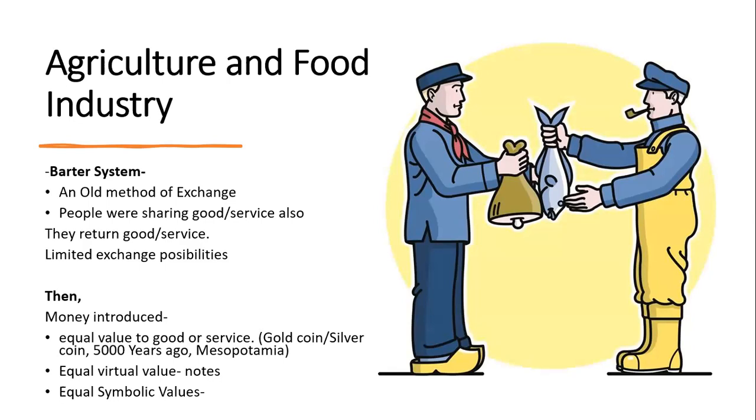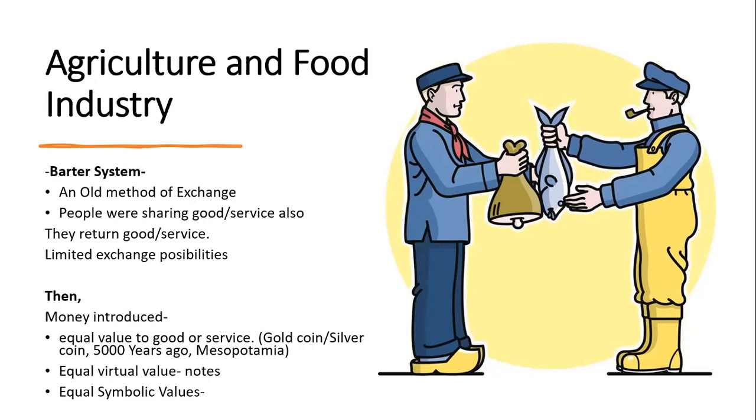You know this. Actually, I don't need to put this into this lecture for the master's paper, but for completeness, I put these slides, right? Agricultural and food industry, what happened in the history. The barter system was the very early method, where people exchange goods or services with others.